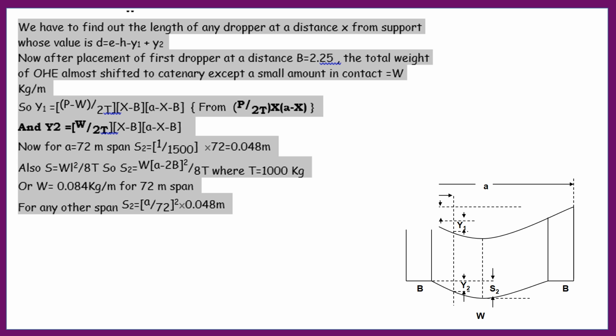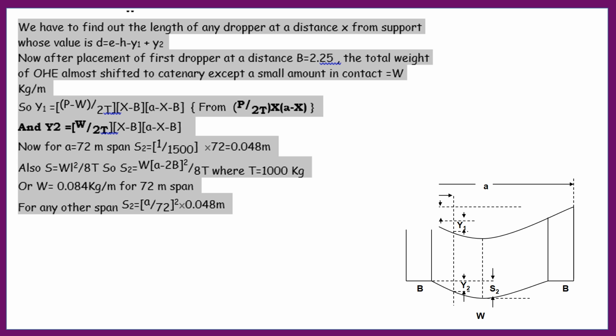Now how to find out Y1? Y1 you can find out from the parabolic formula. Here is the formula again: P minus W by 2T. Why P minus W? Because P is the weight of the total OHE and W is the rest of the weight on the contact wire.